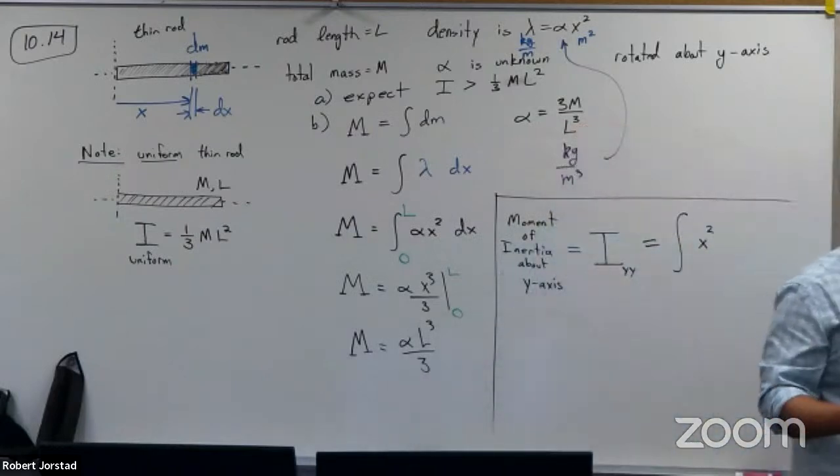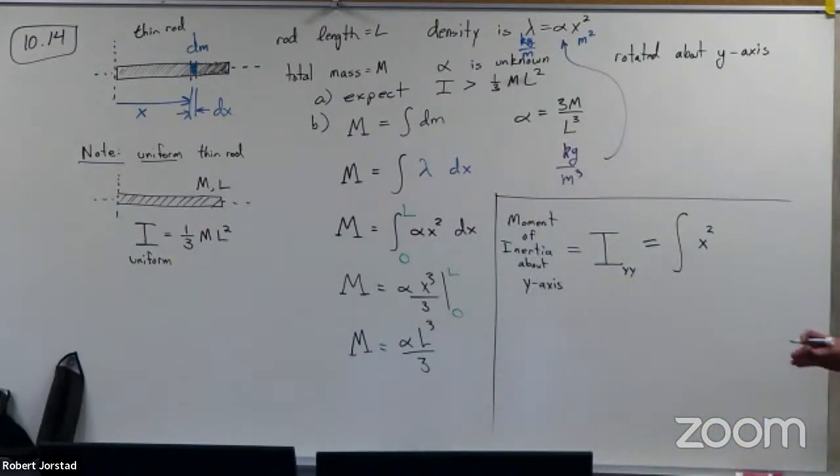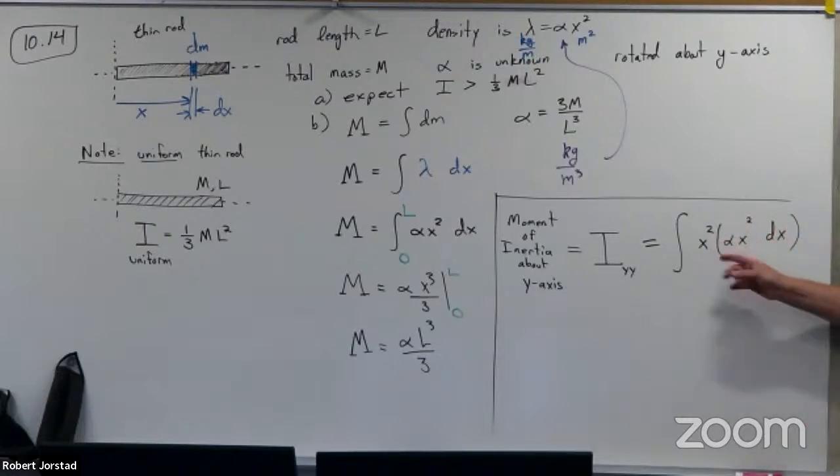This is very different than center of mass, right? It's like, look, 90 degrees. dm was that. After I finish the problem, I could plug in what alpha is, and I could get this in terms of the total mass and total length.